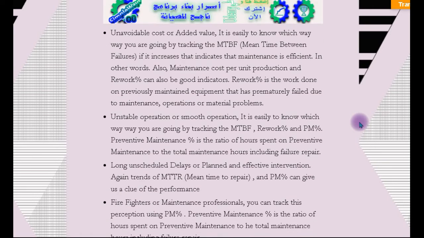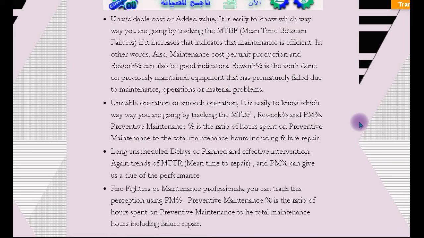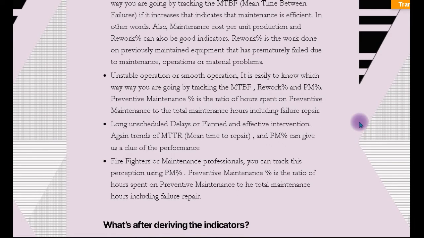So when we speak about the maintenance, it is as a result of the maintenance or absence of the maintenance that we have unstable operation or smooth operation. We speak about long unscheduled delays or planned and effective intervention.